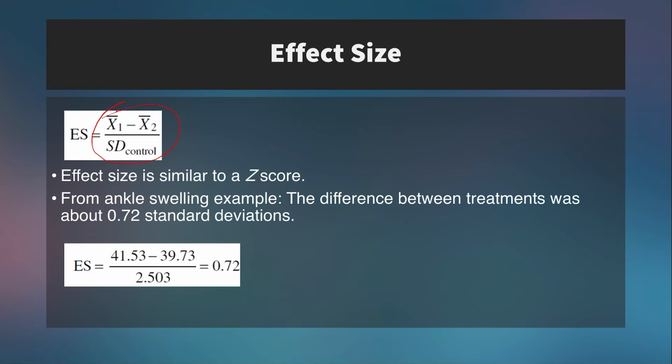So the difference between treatments was 0.72 in the ankle swelling example, because if we take the mean from one group minus the mean from the other group over the standard deviation, we get 0.72. So we can say that the group who received the new form of treatment had 0.72 standard deviations less ankle swelling than the group who received standard treatment.